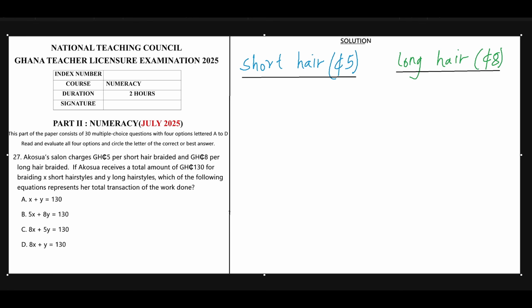Now, after braiding a customer's hair, the total amount Akosua received was 130 cedis.